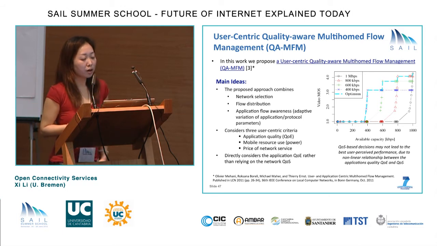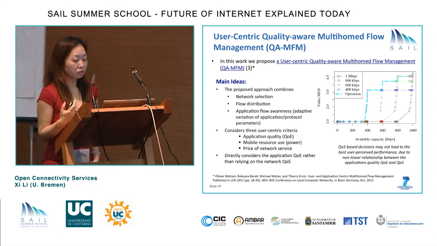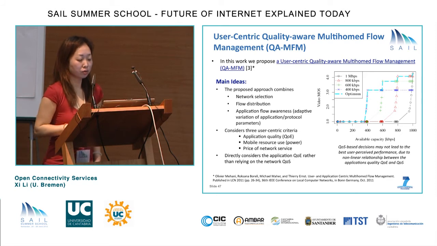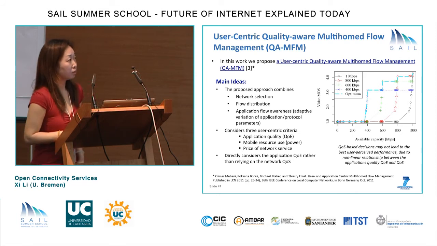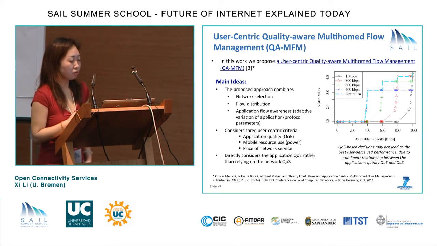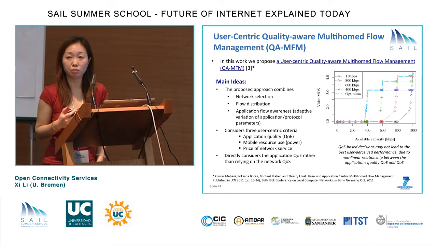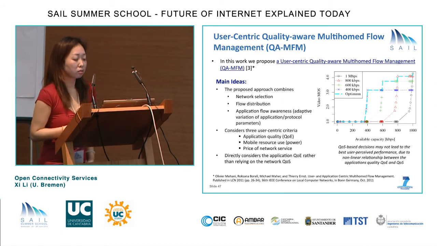With these three criteria, we can define what would be the best network selection and how we're going to distribute the flow over these networks. And one important aspect in this proposed approach is that we are looking at the application quality of experience rather than only the network quality of service.